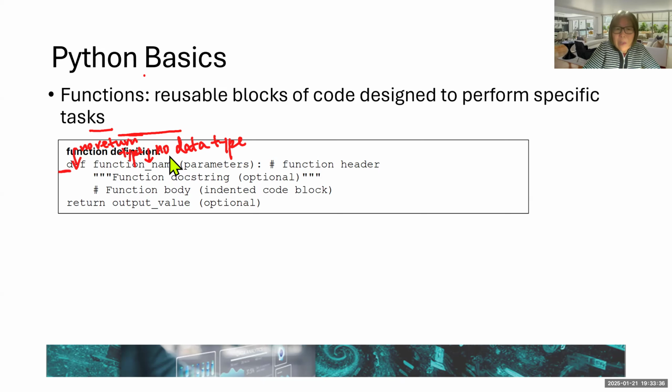Same thing as for all blocks, you use a colon. And then here you start the function body with indentation. It needs to be indented. The return statement also needs to be indented. So that's the general syntax for a function.